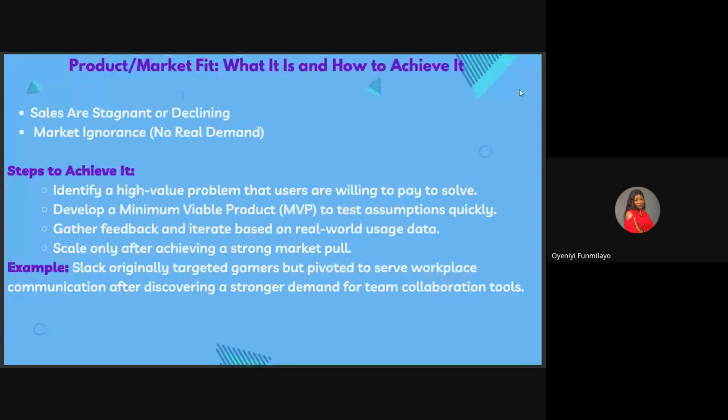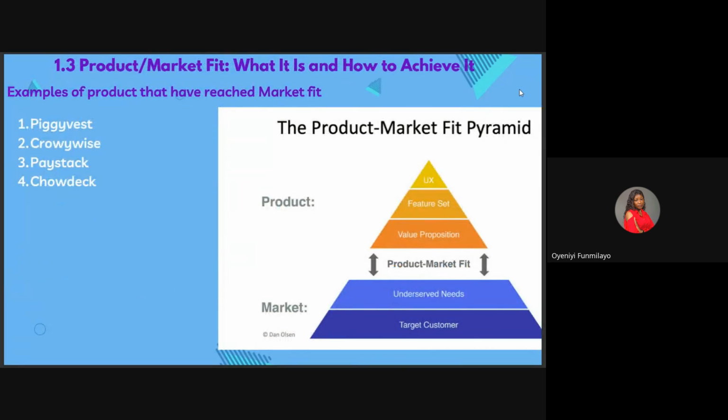So you can have a sweet idea, but if you check into the market and see that, oh, people are not blending to this idea, and then maybe you discover another new problem, it is very okay to pivot into it, because you will not pivot just like that. You'll do user research. So I said the examples of products that have reached market fit. We have Piggyverse, we have Carrywise, we have Paystack, we have Chowdeck, and there are more.